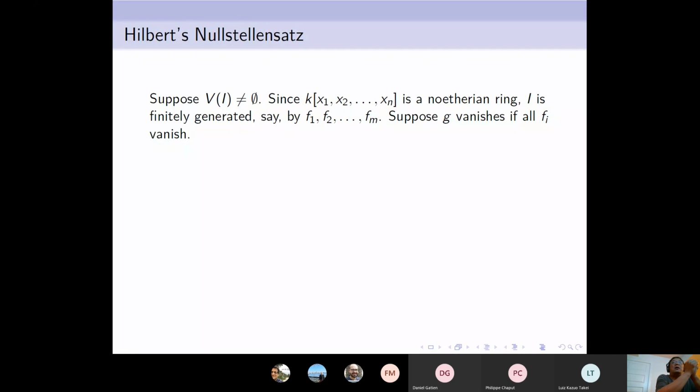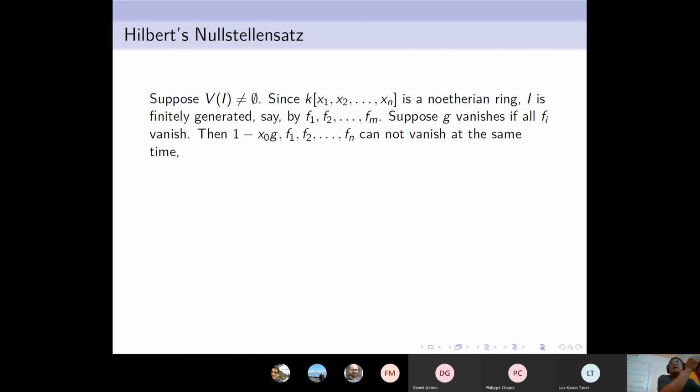We want to prove that I(V(I)) is the radical of I. Suppose we have a polynomial g that vanishes whenever all the fi vanish, so g also shares the common roots of all the fi's.